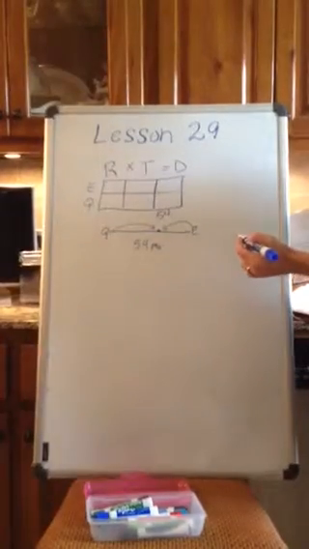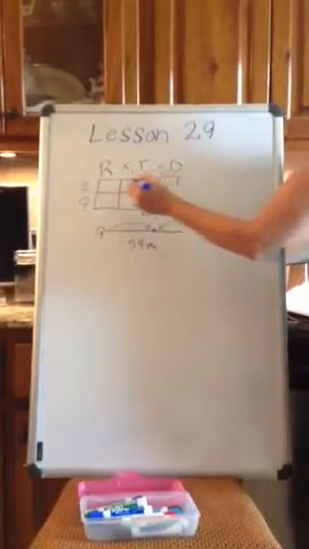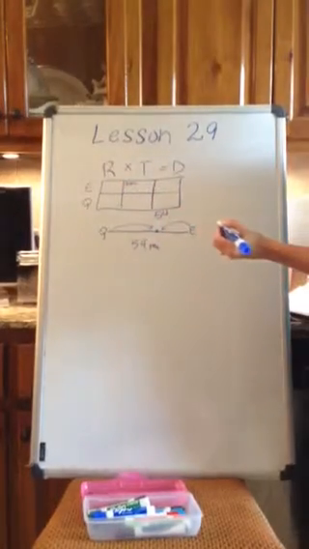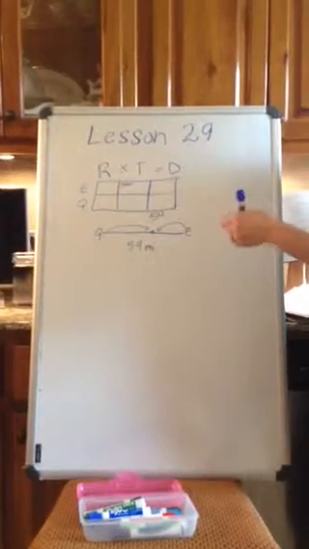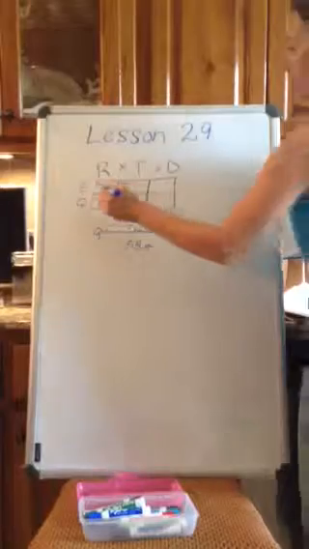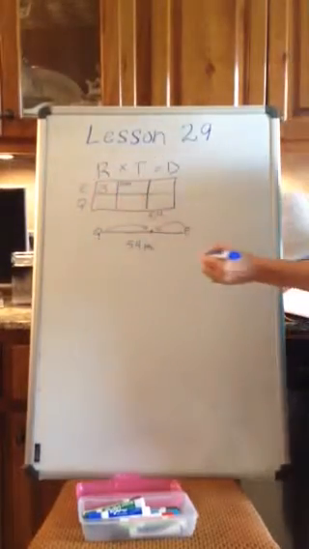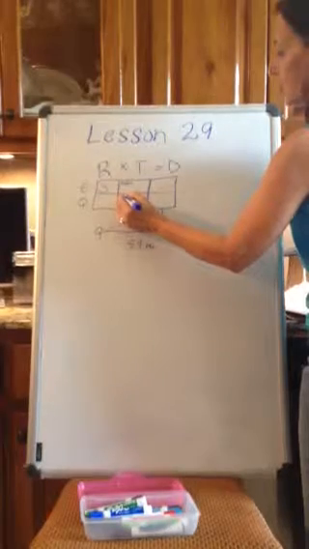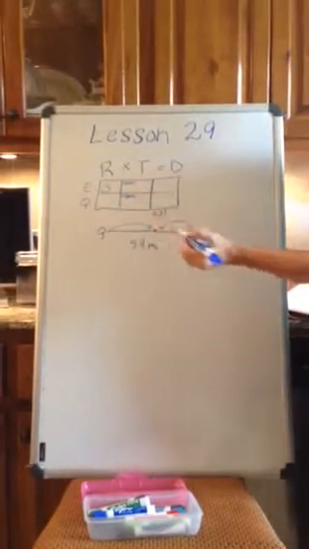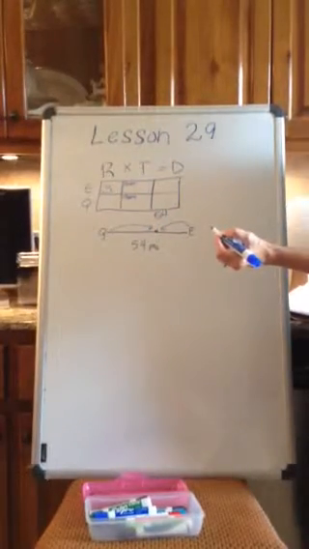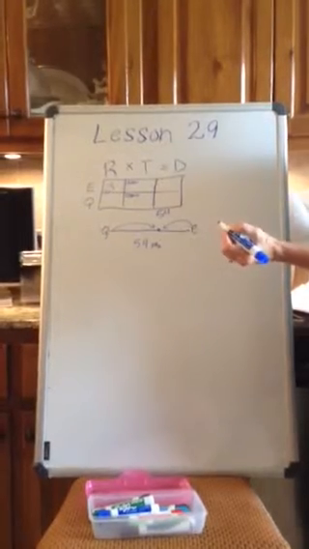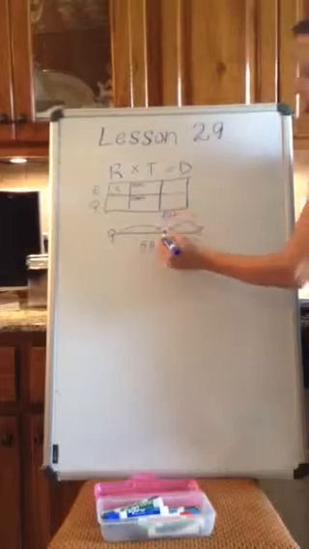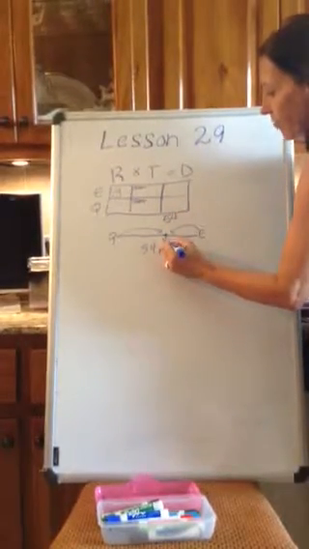Edward began his journey to the meeting place at 8 a.m. Again, I'm going to write 8 a.m. in the box for Edward's time, at 3 miles per hour. And 2 hours later, the Queen began. So she began at 10 a.m. And they met at 4 p.m. So here they met at 4 p.m.